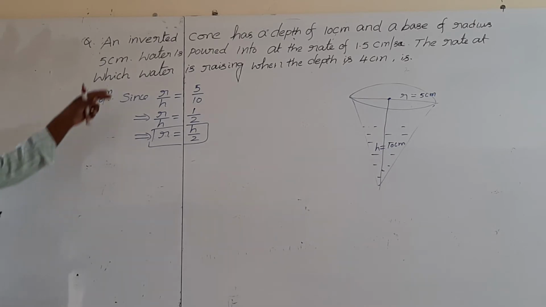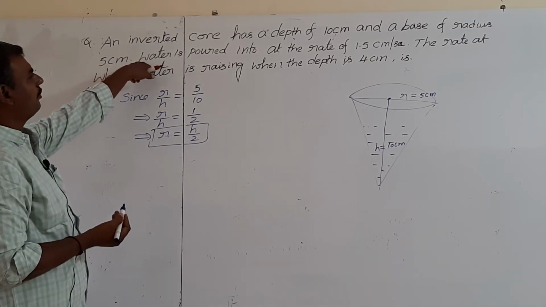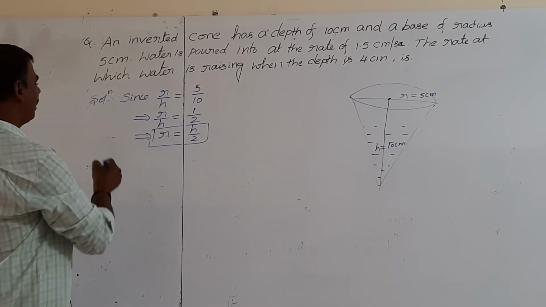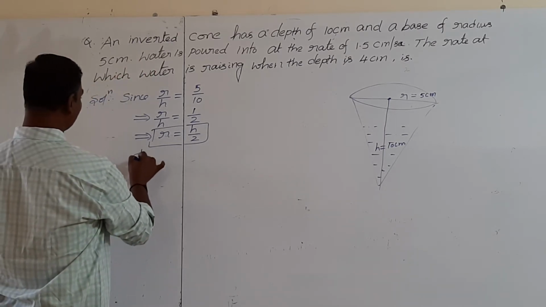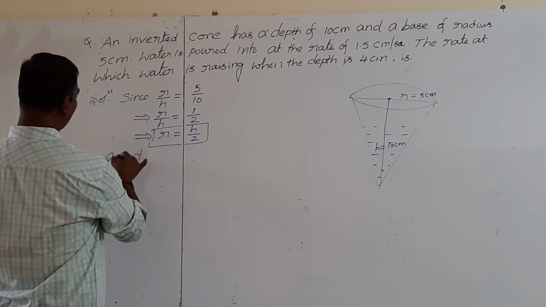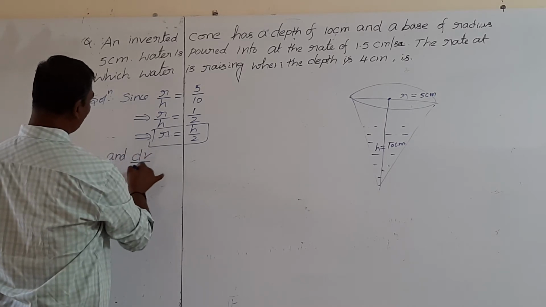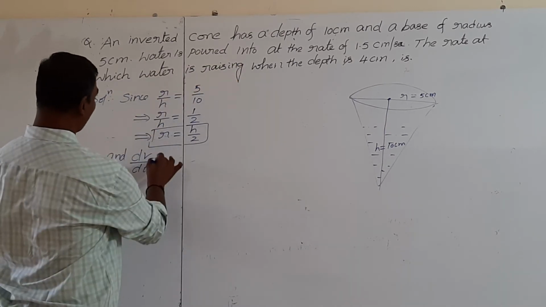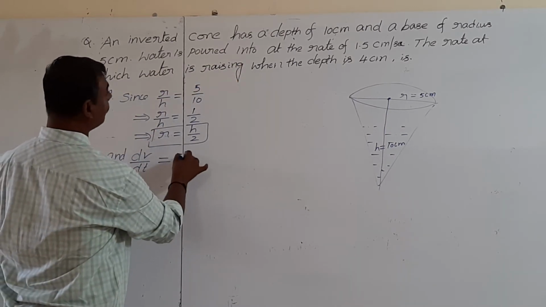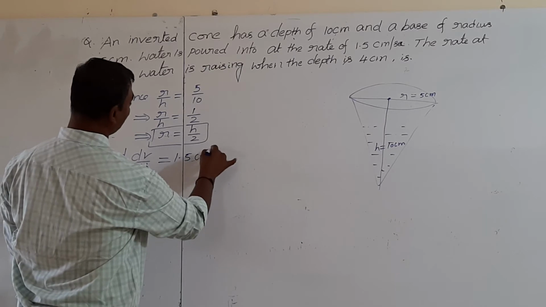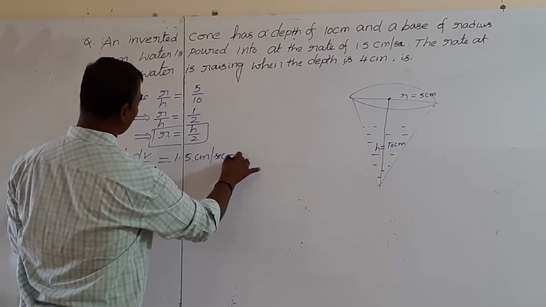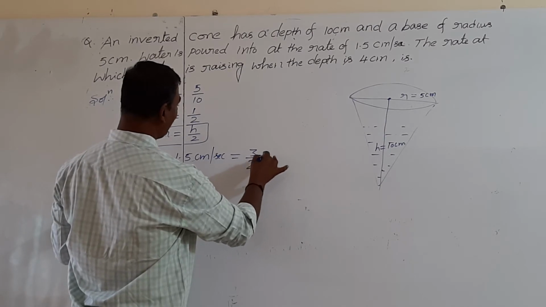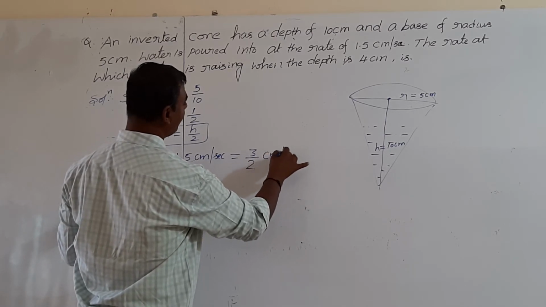Next, let V be the volume of the cone. Then dV by dt is given, the rate at which water is poured in. So dV by dt is equal to 1.5 centimeter per second. This is also written in fraction form as 3 divided by 2 centimeter per second.